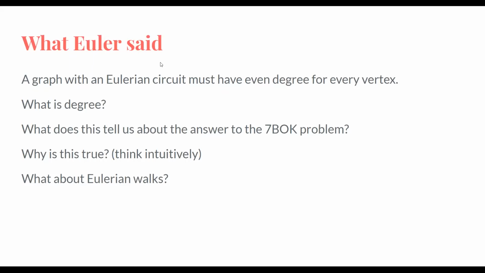Instead, you can just end anywhere you want. Yeah, exactly. But for an Eulerian circuit, you have to end where you started. Yep, Eulerian circuits are going to end at the same place they started. Eulerian walks don't necessarily have to do that. They can start and end in different places.